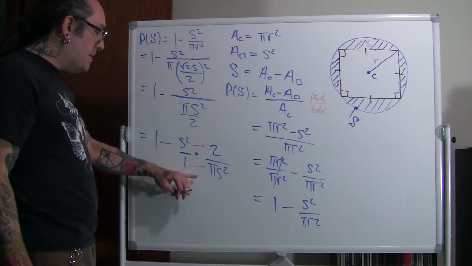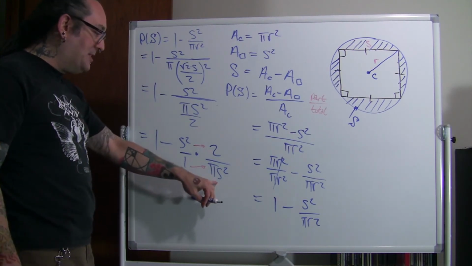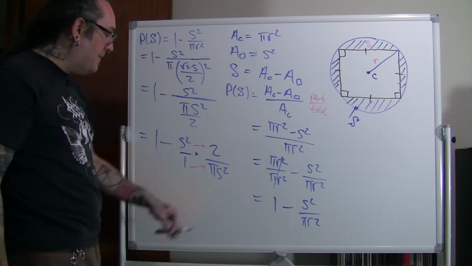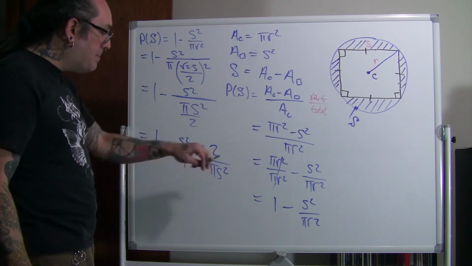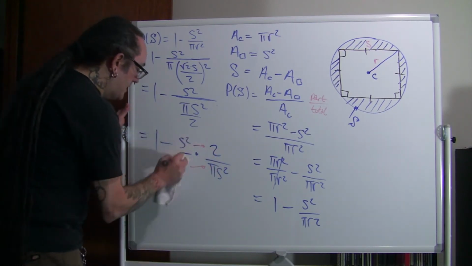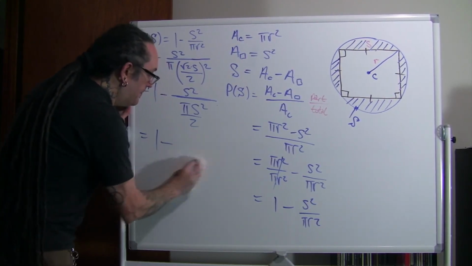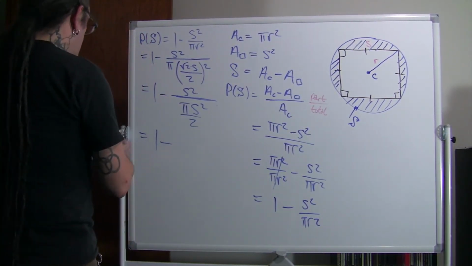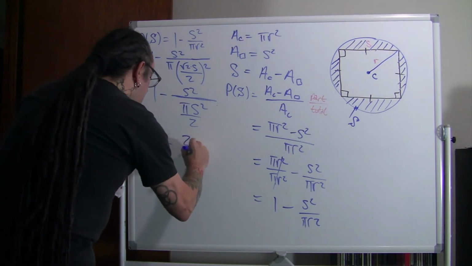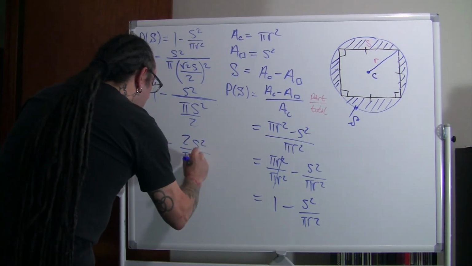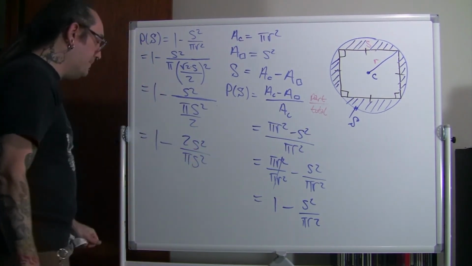And then on the bottom, it's 1 times this, which is just this. 1 times anything is itself. So 2s squared over pi s squared is what it turns out to be.